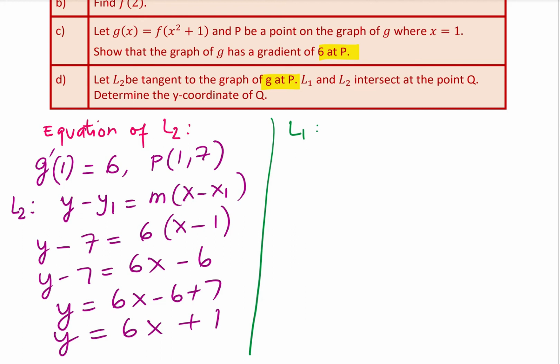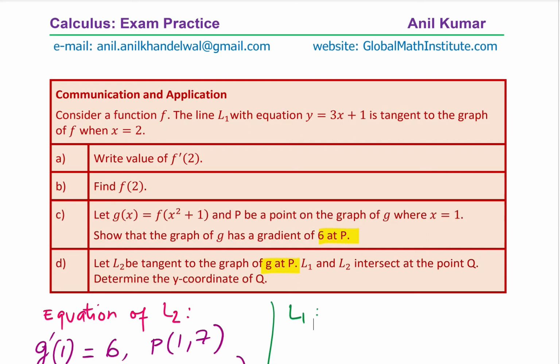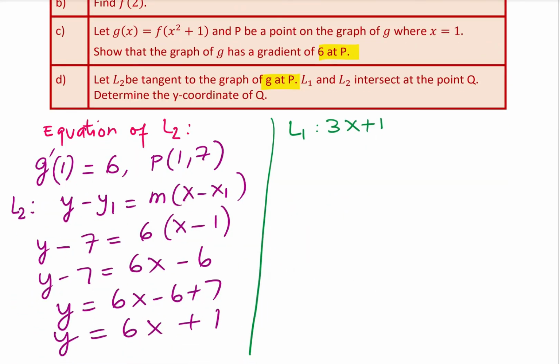So the equation of L1 was given to us, which is 3x plus 1, right? So let L1 be 3x plus 1. Now we have already found that L2 is y equals 6x plus 1, correct?